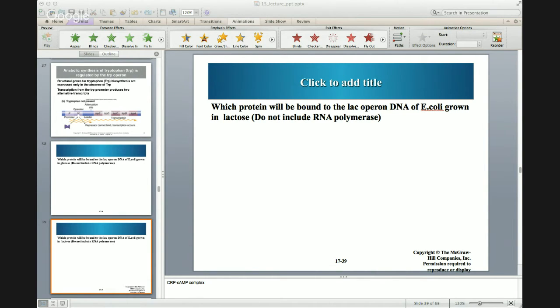Yes, this one is the CRP cyclic AMP complex, yes.